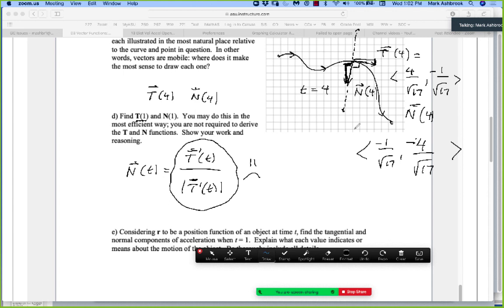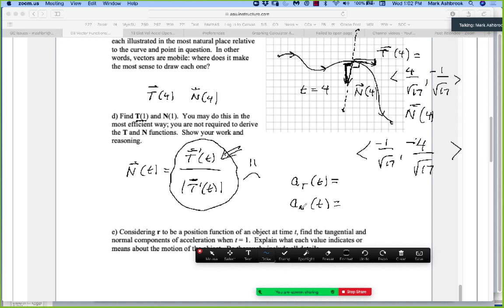Okay, questions on that? So that's just a tip to help you with this one and to save you a lot of grief. And then later on, the next question here, you're going to be finding the tangential component of acceleration and the normal component of acceleration as real valued functions. So it gave you formulas for that.